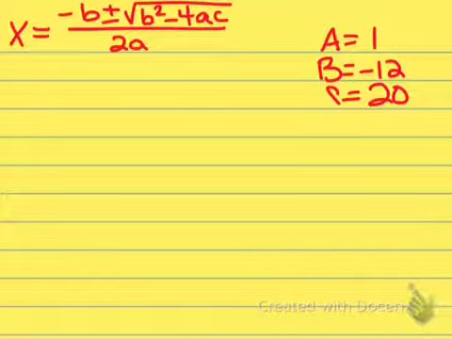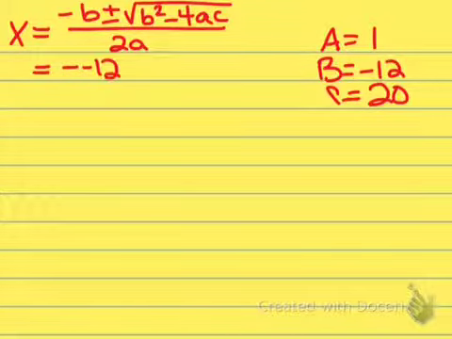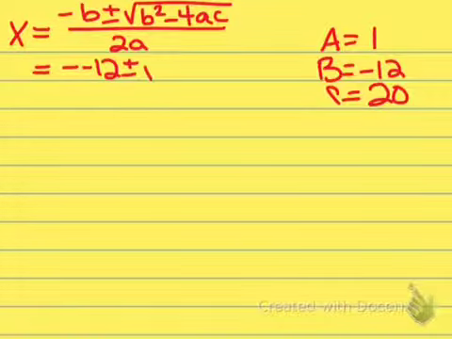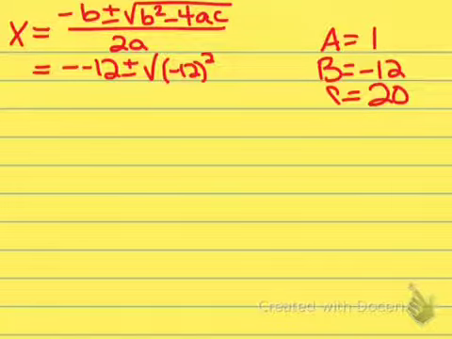All right. Next we're going to plug in the numbers. So where I saw negative, I put negative, and then it said b. So my b is negative 12. So I'm going to write negative 12, plus or minus square root. Then it asks for b, which again is negative 12 squared. I'm using my parentheses because I know that all of b is squared, not just the 12.